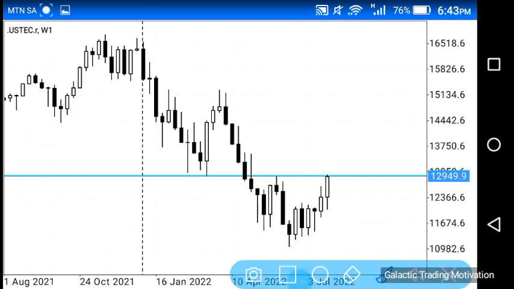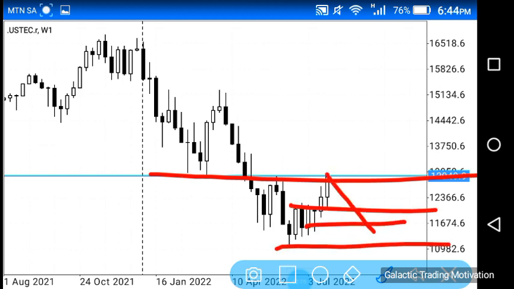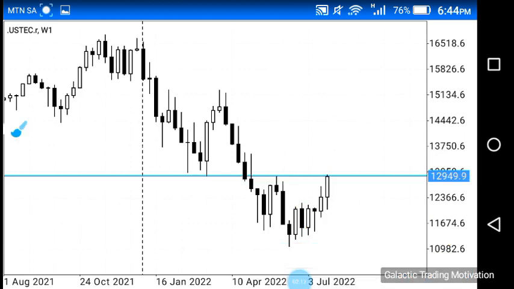We also have these two candlesticks, which are liquidity candlesticks, which tells us that at some point the market has to go down there to collect that liquidity. So in conclusion, it's safe to say that there is scope for price to move further down to all these levels, right? Anyway, this is the weekly chart. I'm just going to go down to the daily chart to see what's happening over there.